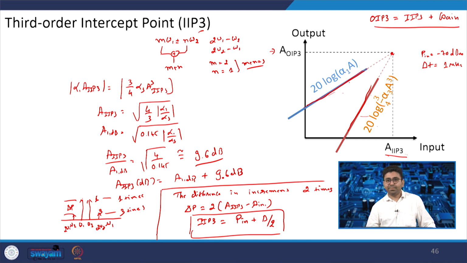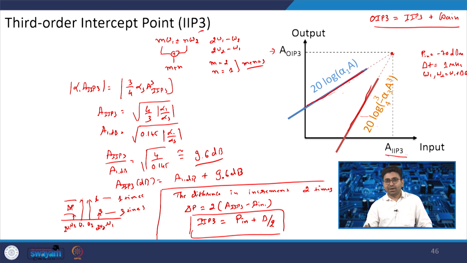What is the delta F? The difference between omega 1 and omega 2. So, omega 1 is a certain frequency, then omega 2 will be omega 1 plus delta omega. You can convert the delta F into the delta omega.